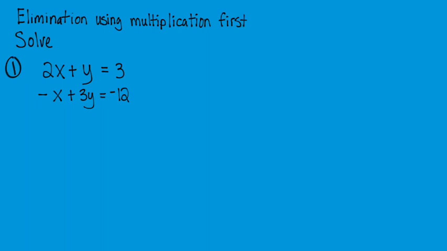Okay, so now we know that we can eliminate if they're opposite and the same value, right? So can't I change any equation to be any number I want as long as I multiply the whole thing by it? If only 2x and negative x were the same value, well, why not multiply that second equation by 2? We can do that.